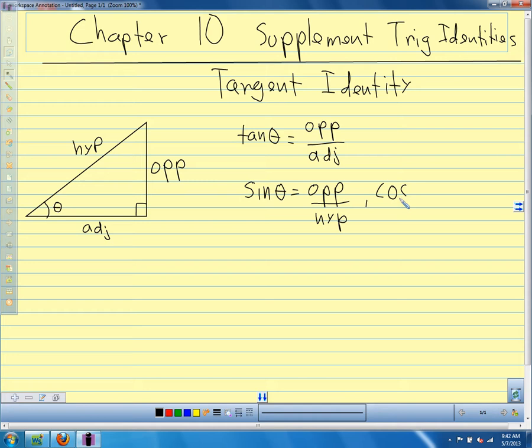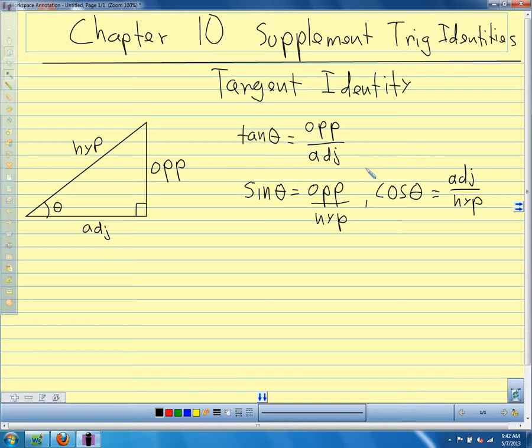And cosine of the angle is adjacent over the hypotenuse. So these are our ratios. This is how we come up with our ratios from our sides.